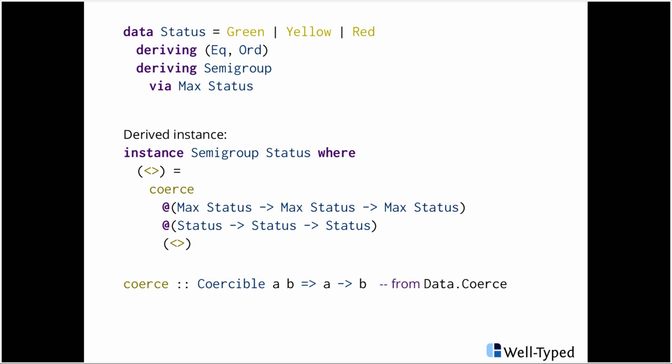So it derives an instance for Semigroup on Status, and the method definition for the binary associative operator is just an application of the binary associative operator, but it's coerced from the type Max Status -> Max Status -> Max Status to the type Status -> Status -> Status. In case you haven't seen this syntax before, this is type applications, a relatively recent addition to GHC as well, but in this case it's only used internally. So this is just saying at which type we're going to use the coerce function.